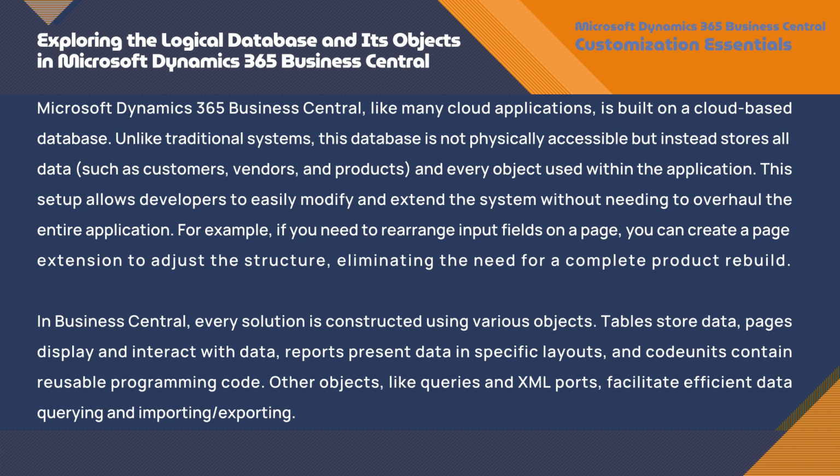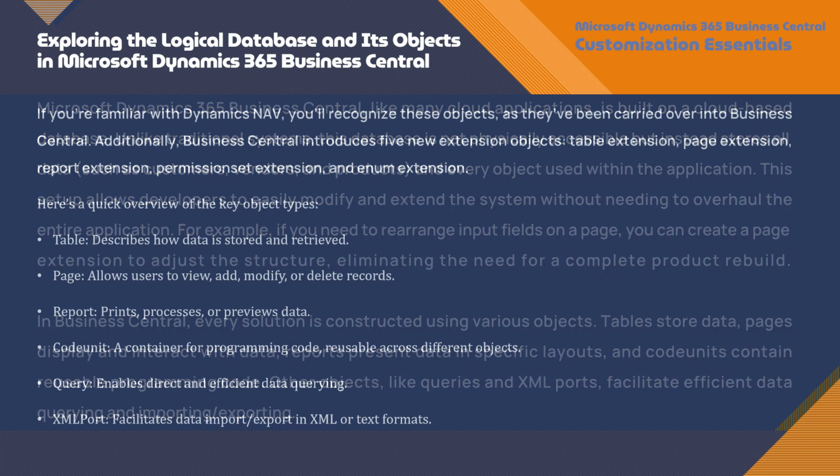Tables store data, pages display and interact with data, reports present data in specific layouts, and code units contain reusable programming code. Other objects, like queries and XML ports, facilitate efficient data querying and importing and exporting.